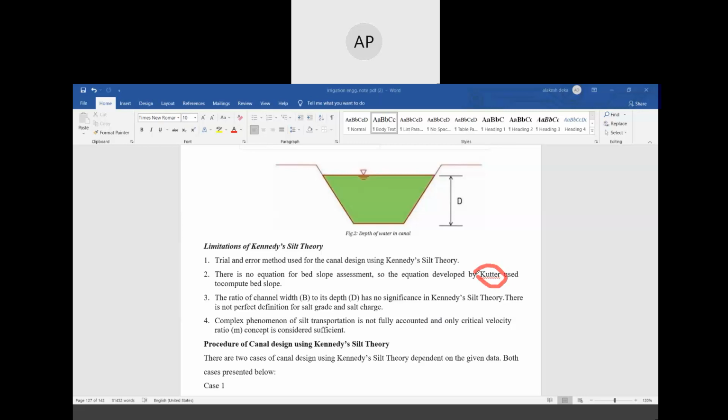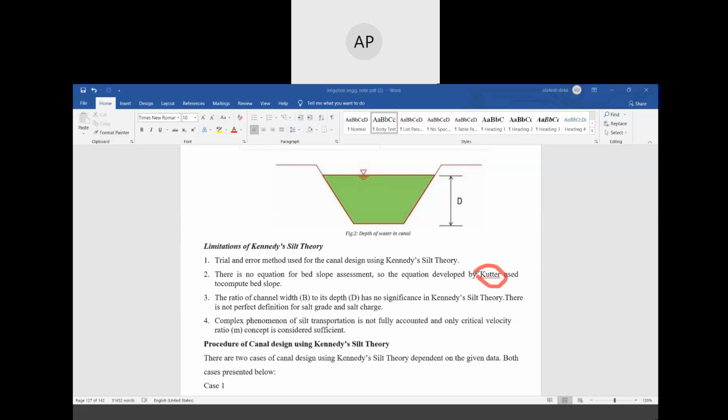So what is Kutter's equation? In hydraulic engineering, design of channel, you have got this formula.